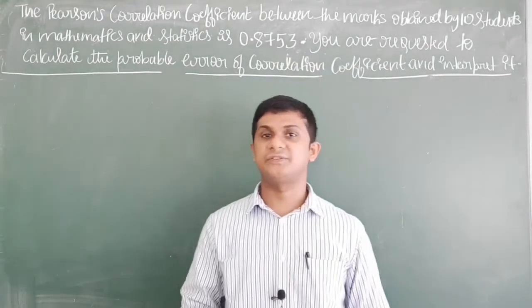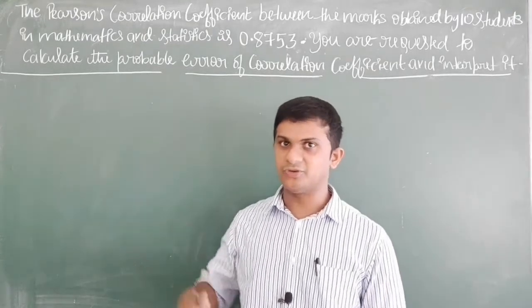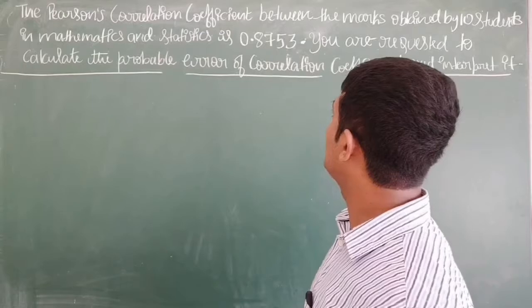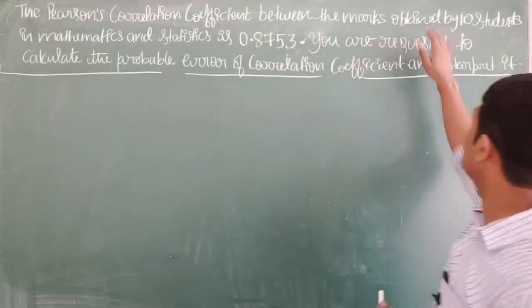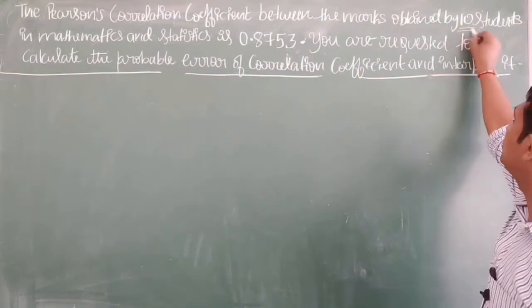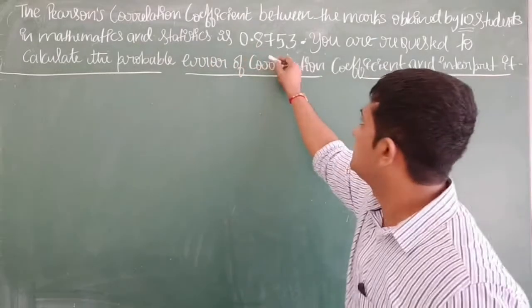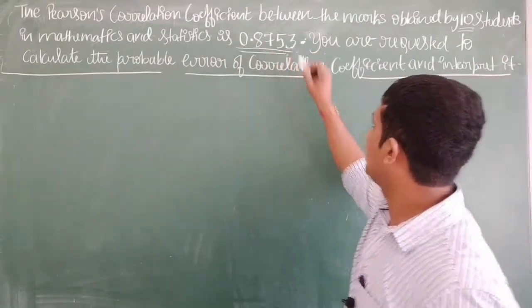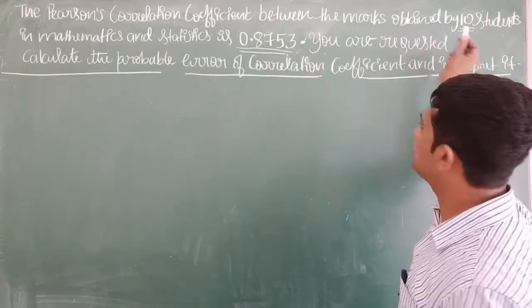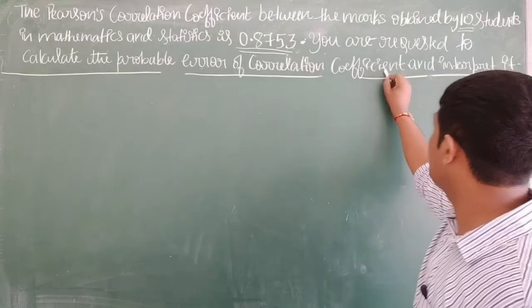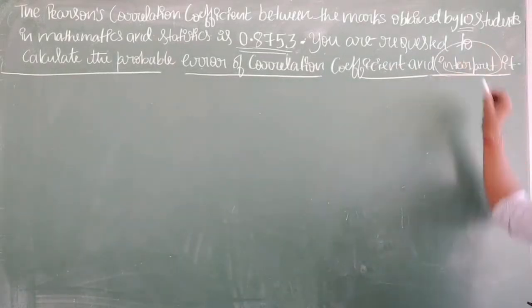The illustration which we are interested in is on the green board, so let's have a look at it. They have given the Pearson's correlation coefficient between the marks obtained by 10 students in mathematics and statistics, which is 0.8753. You are requested to calculate the probable error of the correlation coefficient and interpret it.